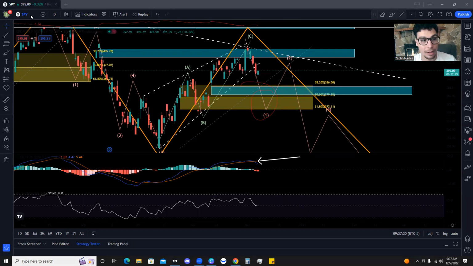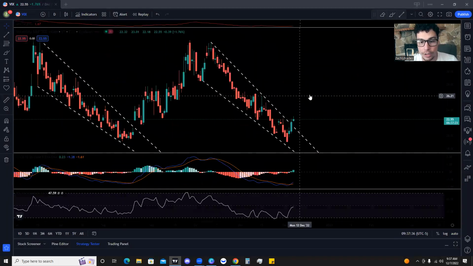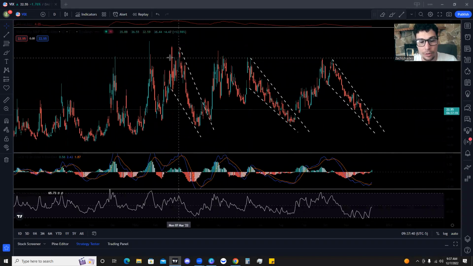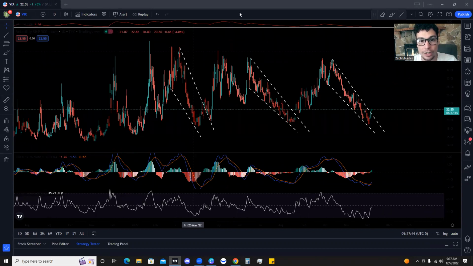Now, the main thing that looks really crazy right now is if we actually go to the VIX, VIX is very one directional. Meaning that if we take a look here, we can see that for a period of about a month or two at a time, it's very one directional. So it drops for like a month or two, and then it rises for a month or two. We have these bearish channels right here, these falling wedges, and then we end up getting a breakout and VIX just skyrockets for the next month or two.